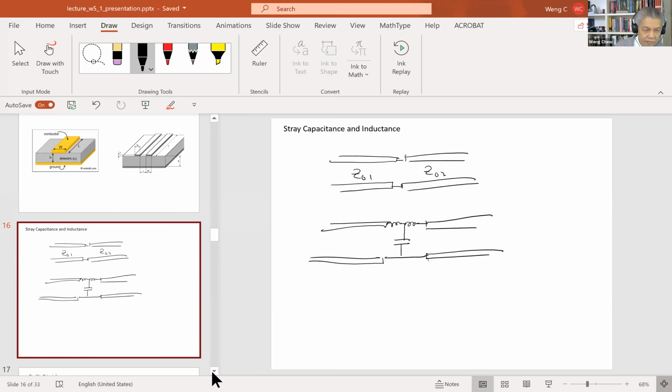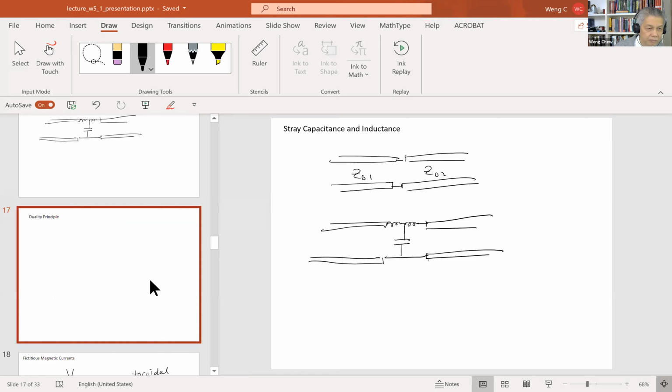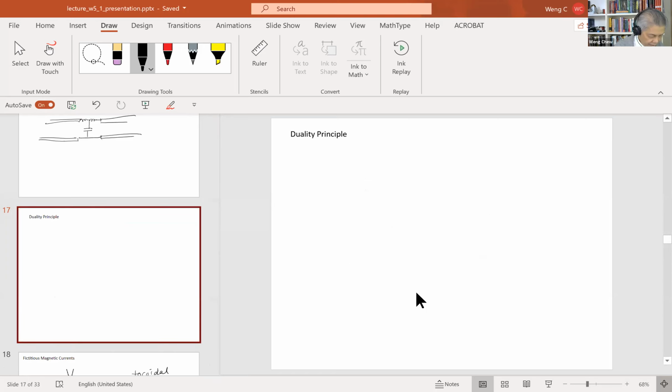Okay, so then I'd like to move on to the duality principle if you don't have any questions on transmission lines. The duality principle is a principle that exploits the symmetry of Maxwell's equations.